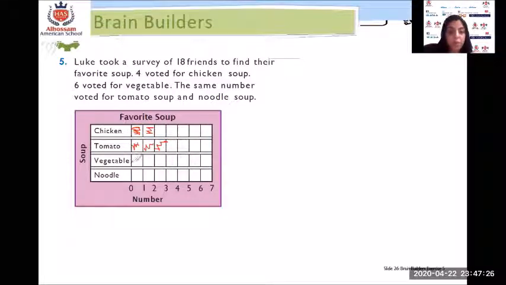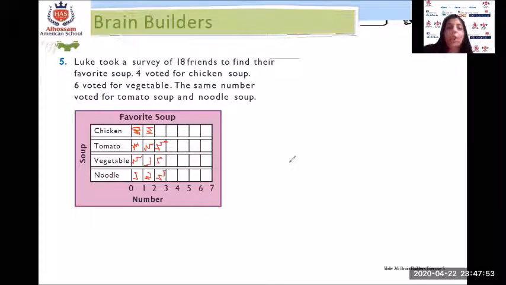And I'm gonna do the same for vegetables because they are 6 as well. And for noodle, 6 as well. So see, the bar graph is different now. It's shorter because each square is worth 2 votes, not only 1 vote.